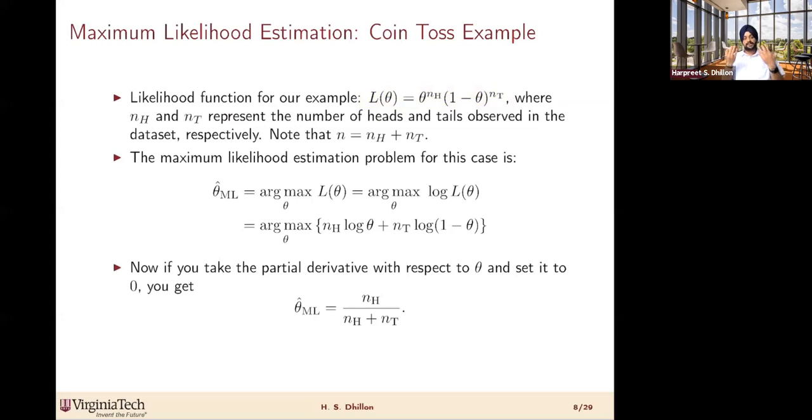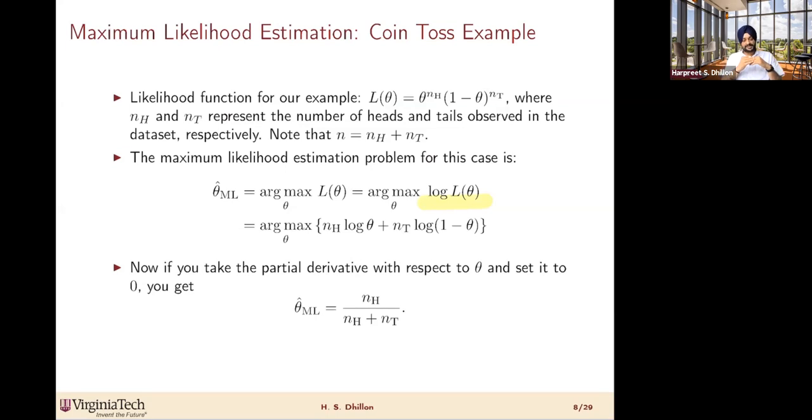Once you write the likelihood, you can either maximize that directly, or you can take the logarithm of that likelihood and maximize that. It doesn't matter, these are equivalent since log is a monotonically increasing function. In this case, it turns out that maximizing the log likelihood is easier, so you take the log of L theta and try to maximize.